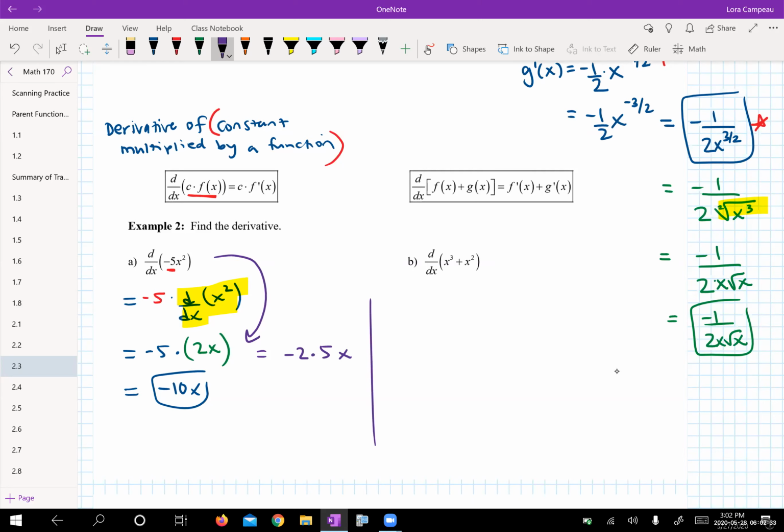Okay, so we'll step it on up a little bit more. What we end up having here is we actually have the derivative of a sum of two functions. Now, by the way, it doesn't always have to be just a sum.